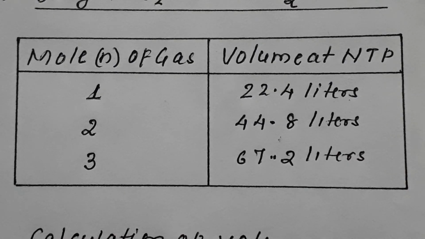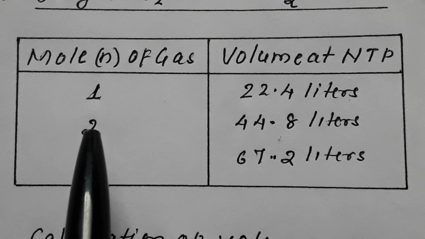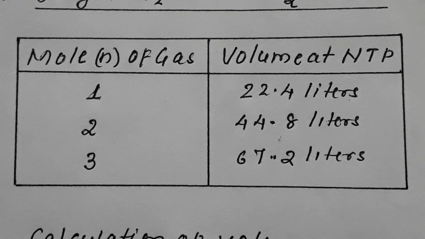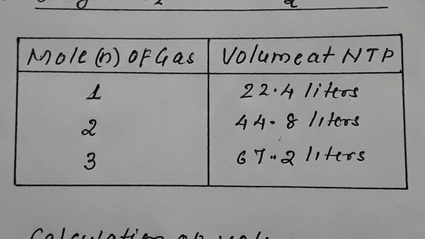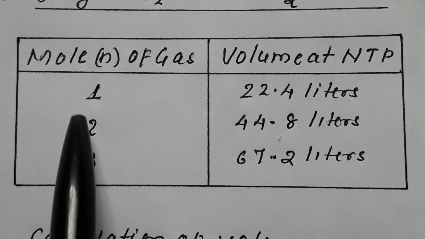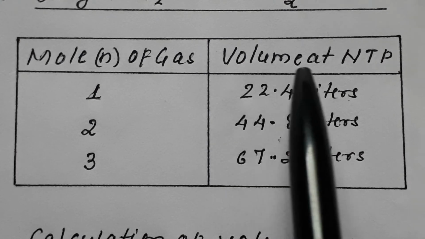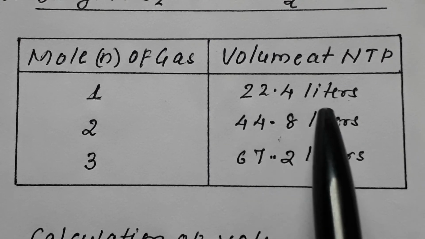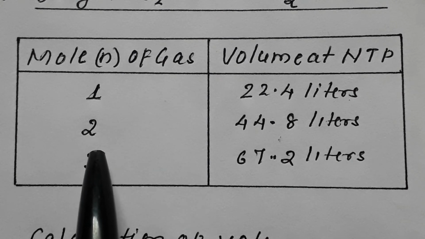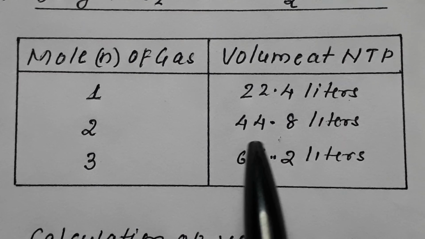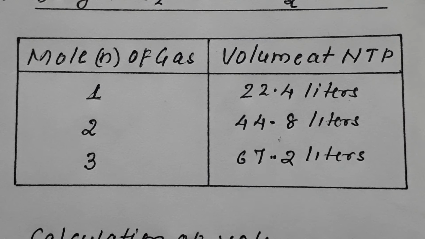Therefore we can say that based on the number of moles the volume would be fixed. If moles of gas is 1, then volume at NTP would be 22.4 liter. If moles of gas is 2, then volume at NTP would be 44.8 liter.